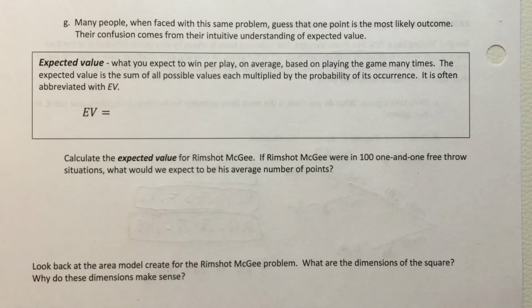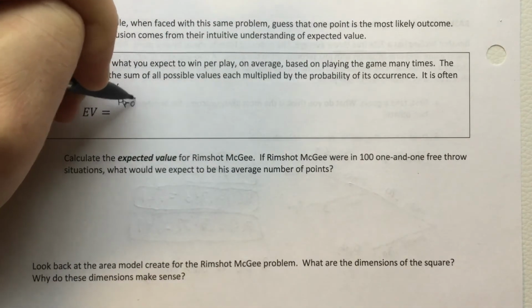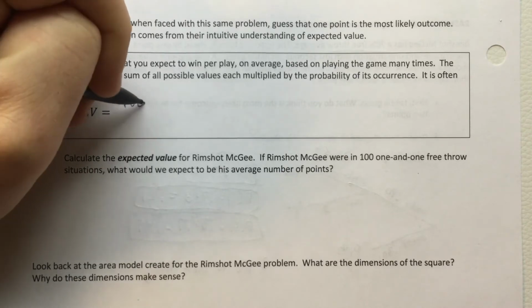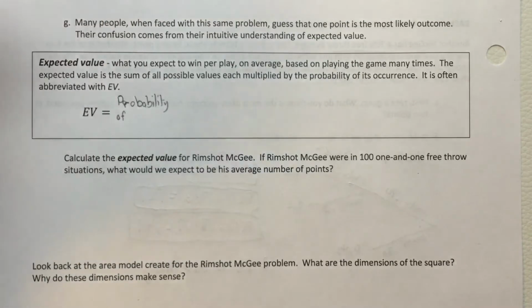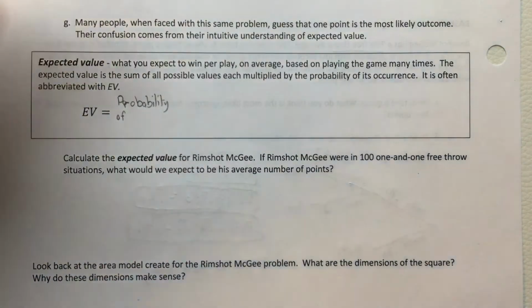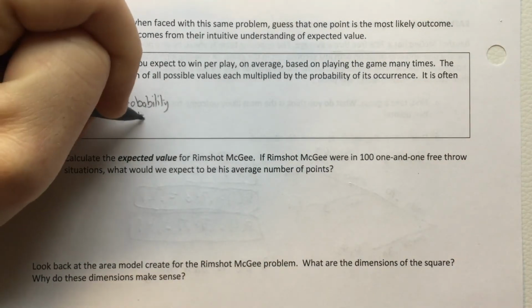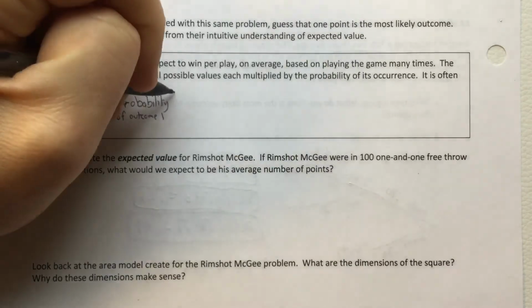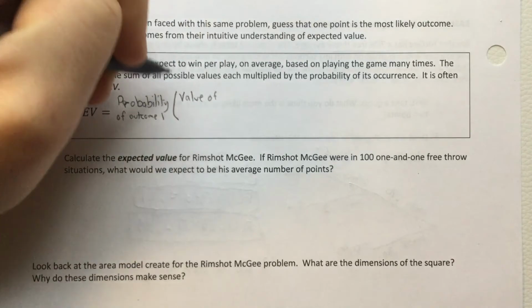So what does that really mean? To define the expected value, you would take the probability of outcome 1 times the value of outcome 1.